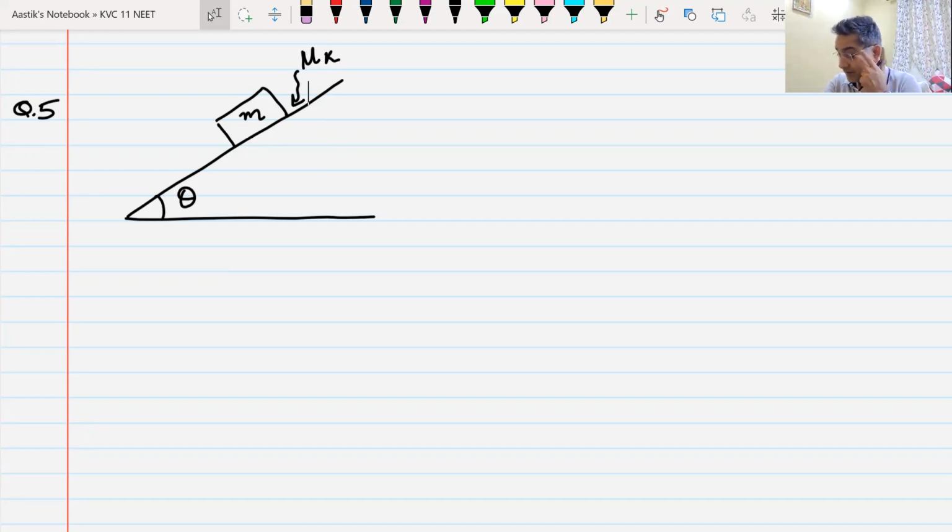So you have to tell me the answer when it is rough, and the coefficient of kinetic friction is mu k. You have 2 minutes to do this. I hope everyone is trying.